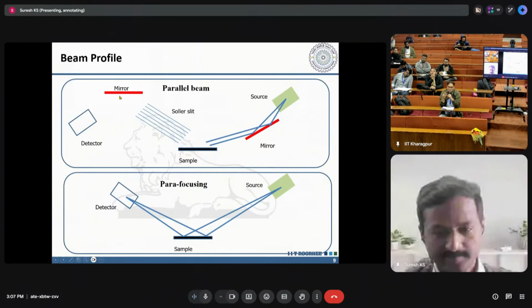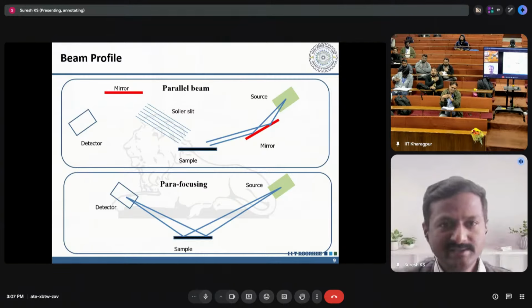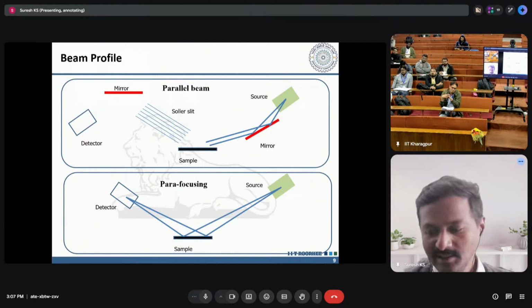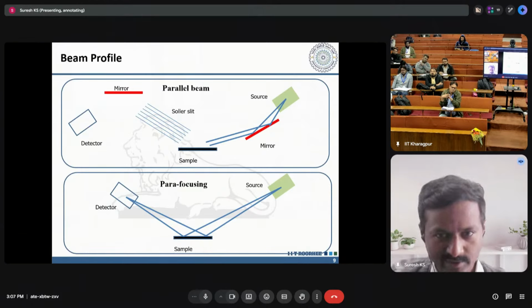One last question: what is the typical diameter of X-ray beams while taking texture measurements? It depends on the grain size rather than the sample dimension. If you have grains of the order of a few microns, then possibly a 1 centimeter by 1 centimeter sample is good enough.